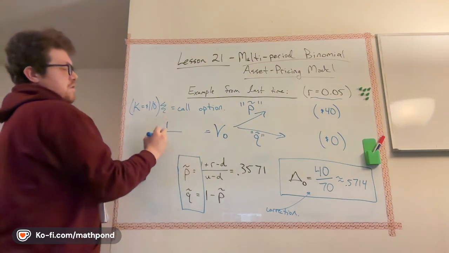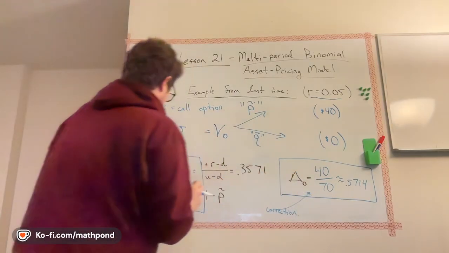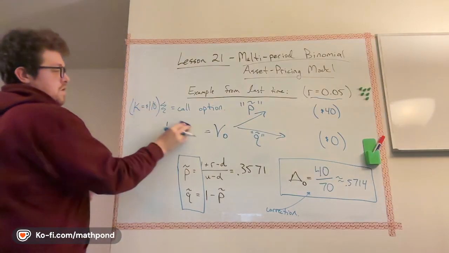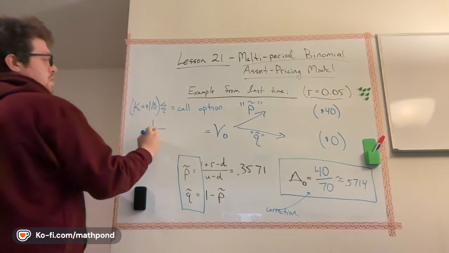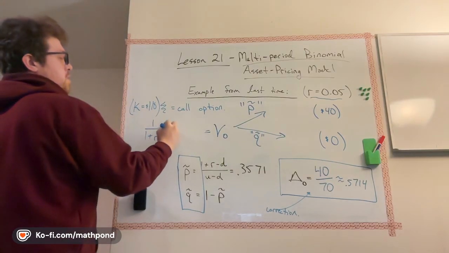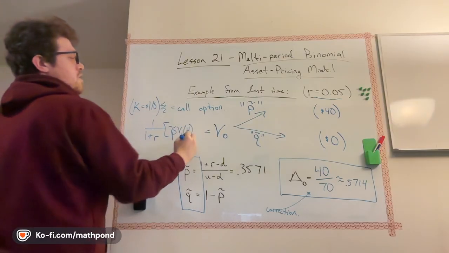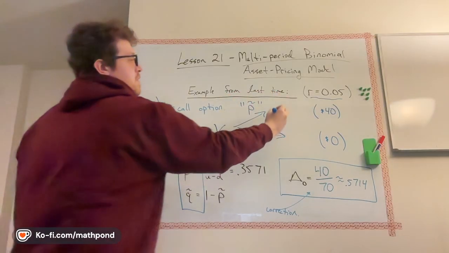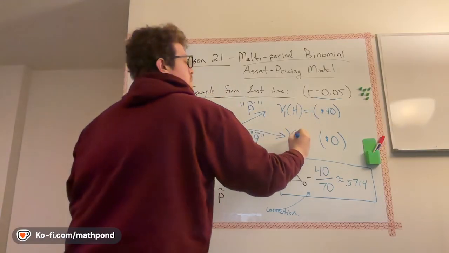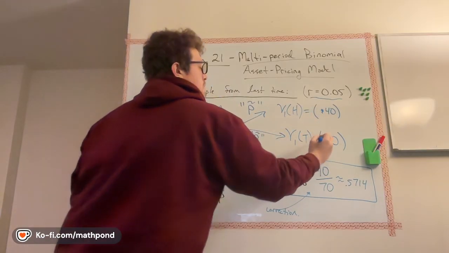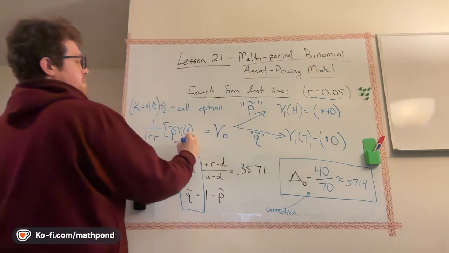It had a formula. It was like 1 over 1 plus R, and then P hat times V1 of H, which was the up value. I really just don't give myself enough room here.